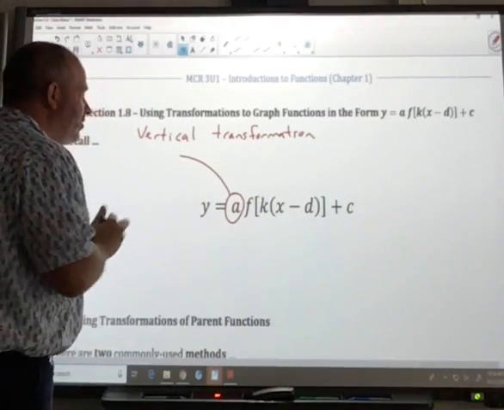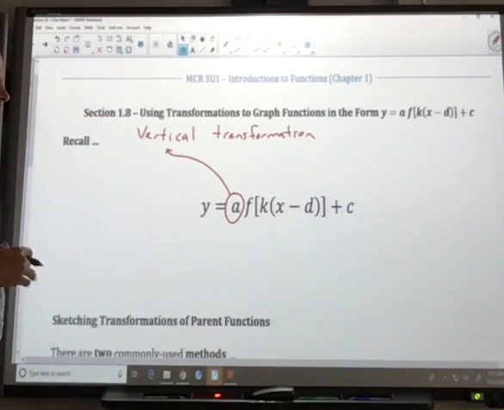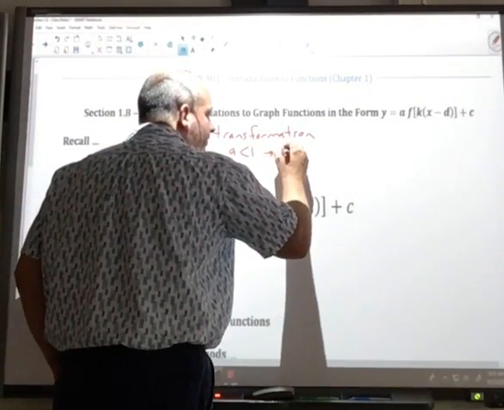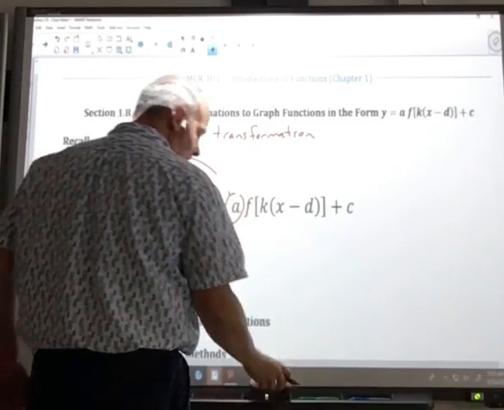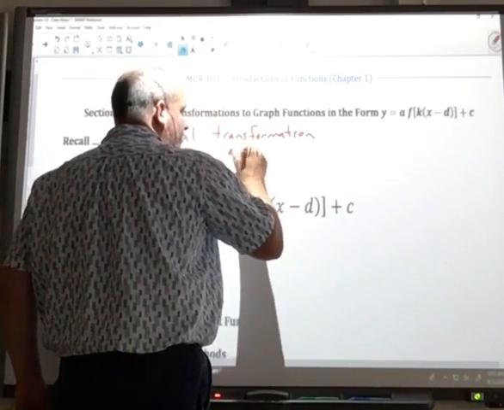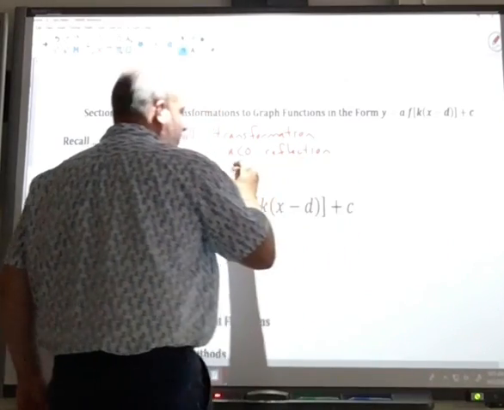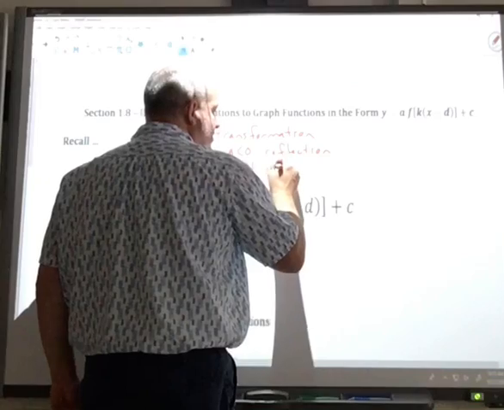Okay? It causes vertical transformations. And the vertical transformations that it causes can be variable. If A is less than 0, it's a reflection. If A is greater than 1, it's a stretch.